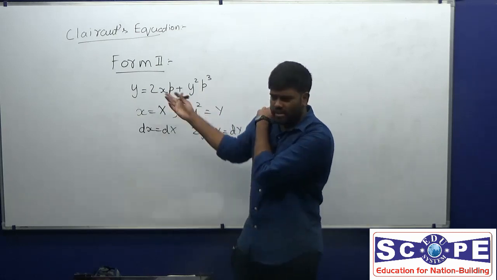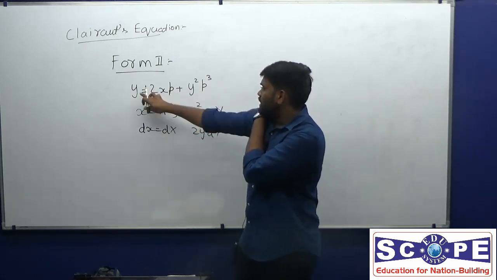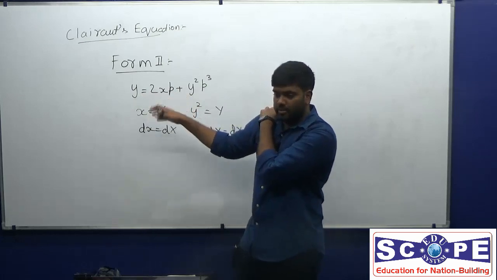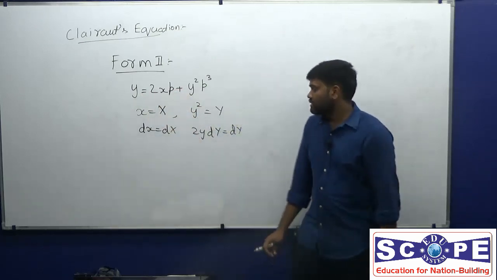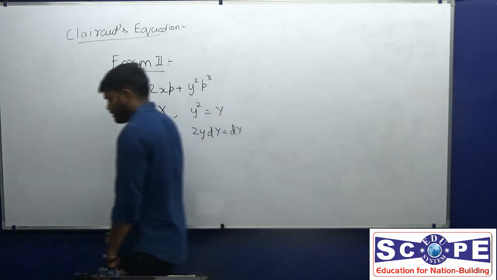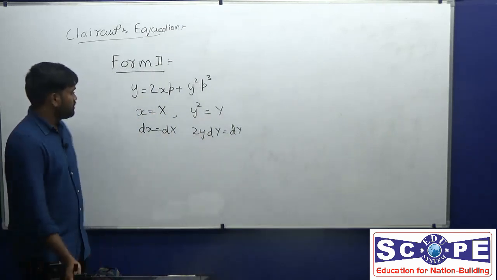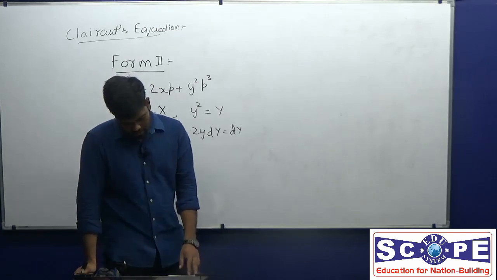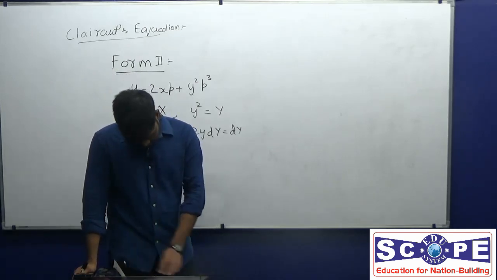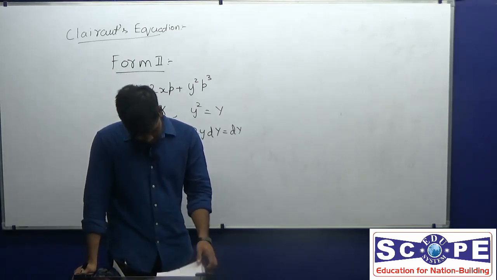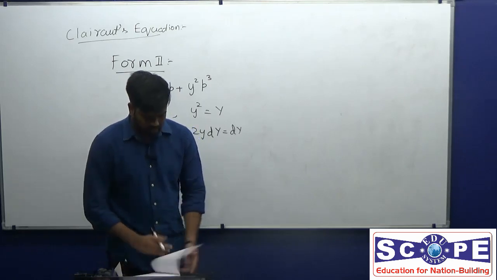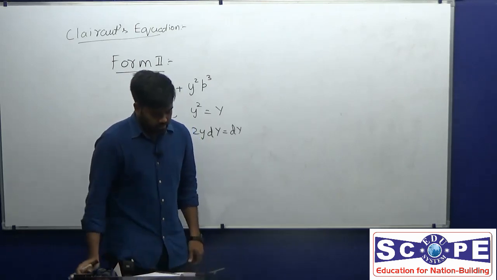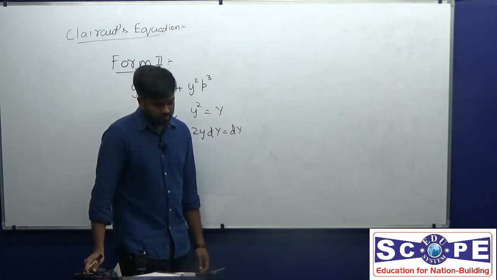You can solve for x only, because you take y minus y square p cube by 2p, you can get it in terms of x, and solve directly. Y square equal to cx plus c cube by 8. Okay, you solved it by this one, no? Answer is y square equal to cx plus c cube by 8. Yeah, right.